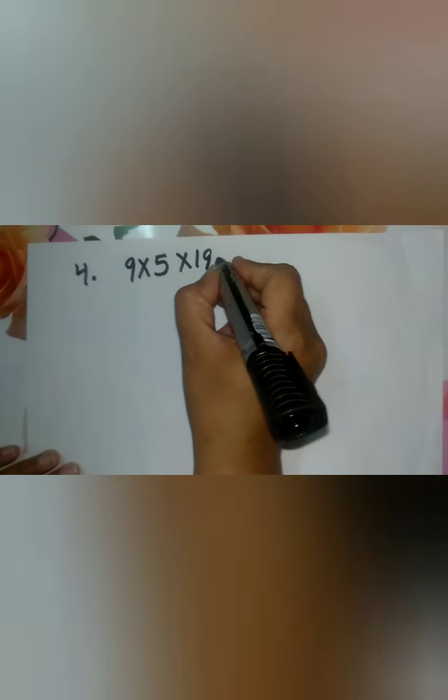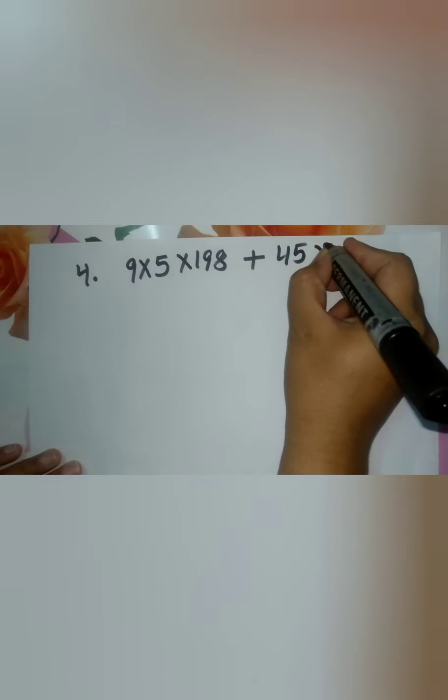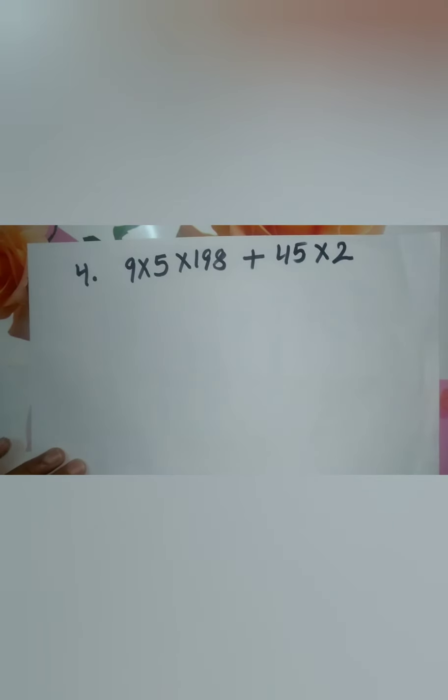Example number 4. It says 9 into 5 into 198 plus 45 into 2. So just see, is it easy to find the monster? Can you find out the monster here?